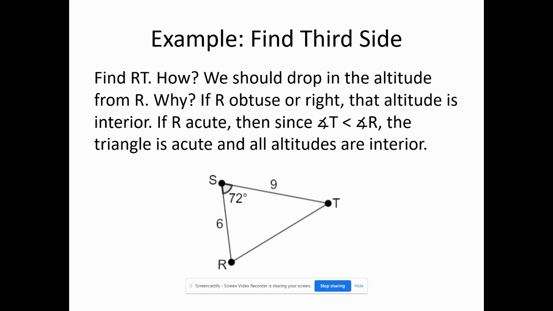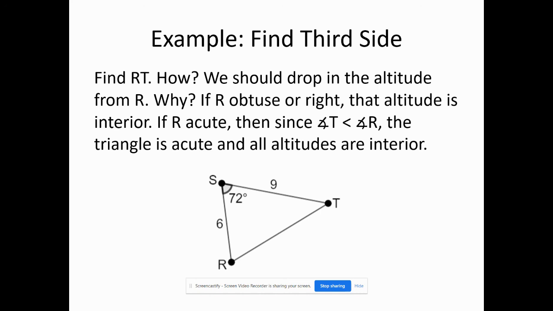Here's the logic of it. So that triangle that you see in front of you, it's either acute, right, or obtuse. If it's acute, what do you know about the altitudes? They're all on the inside. So if I do the altitude from R, it's on the inside because they all are. If it's a right triangle, what do I know about angle R?